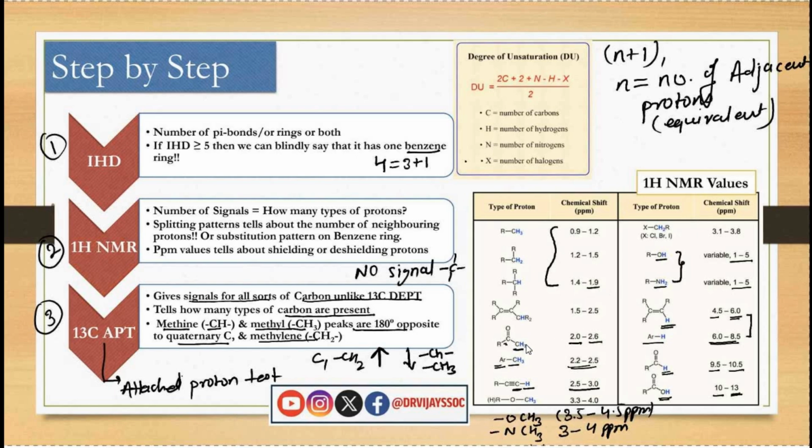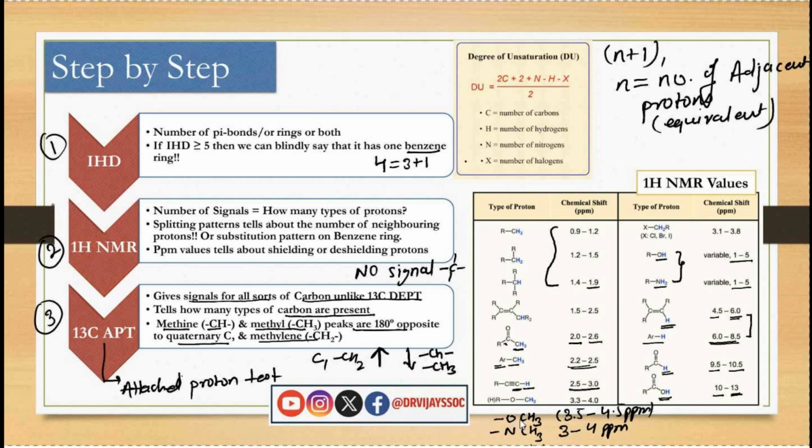We also learned that when methyl is attached to a ketone, it comes from 2 ppm to 2.6 ppm, and it is a quite similar value for methyl attached to the benzene ring, such as in toluene. Acetylene protons are slightly de-shielded as compared to the methyl attached to aromatic rings. They come from 2.5 to 3 ppm.